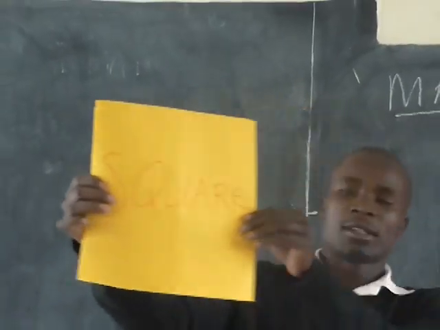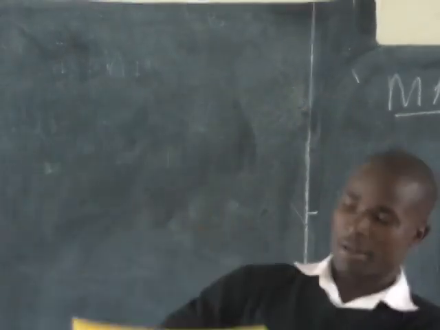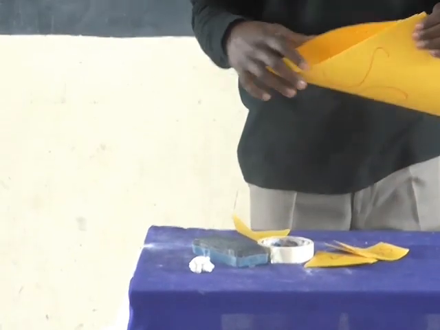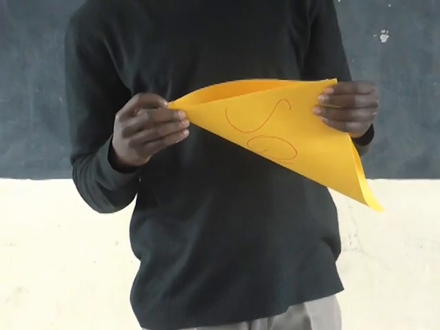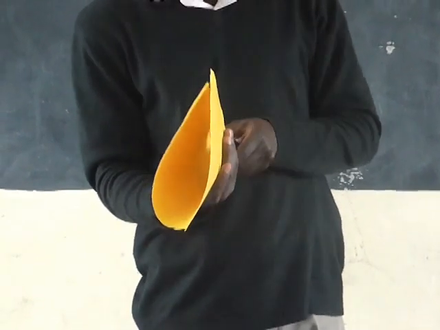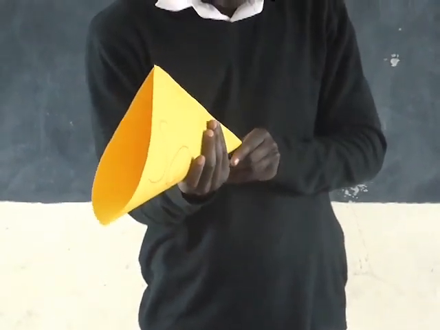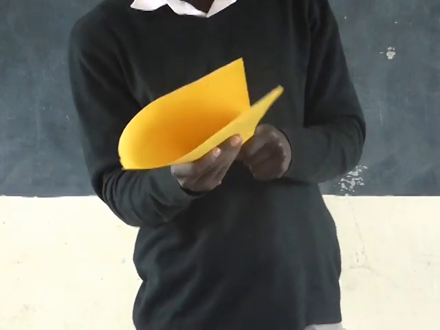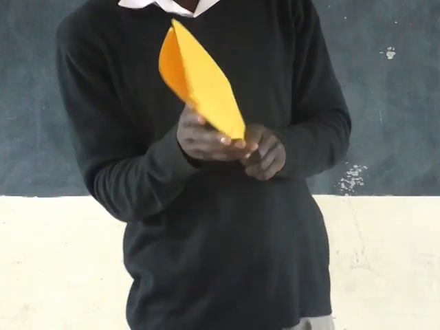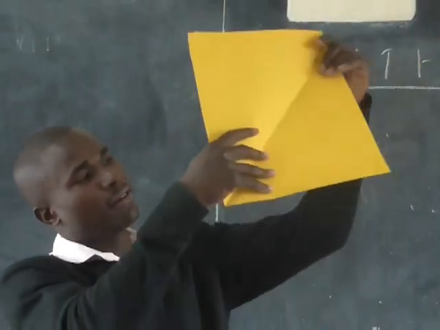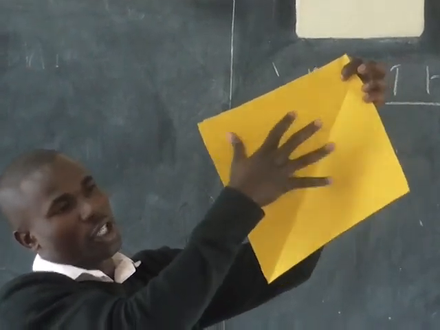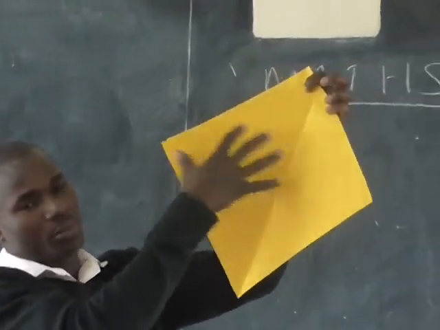So, if I take this big one and I fold it like this, I have two sides of shapes, triangle shapes.